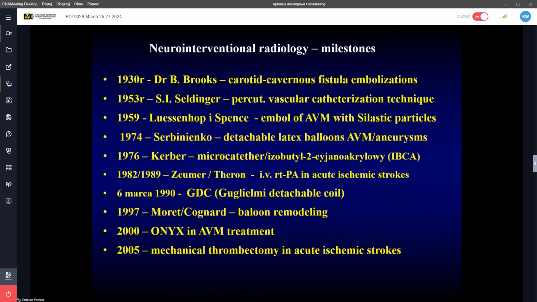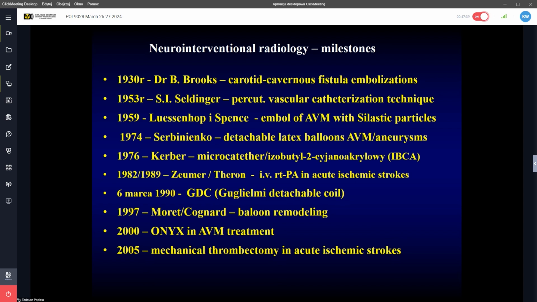If someone says that neurointerventional radiology is a new or young field of interventional radiology, it's wrong. It's a mistake. Professor Walecki already mentioned that. The first procedure was described in 1930, last century, by Dr. Brooks, and he described an intervention in carotid cavernous fistula.